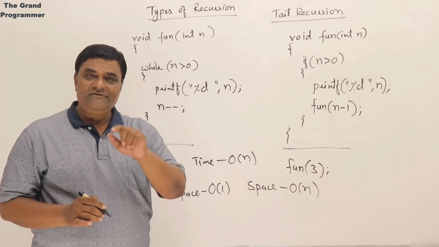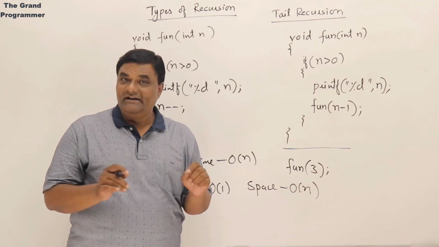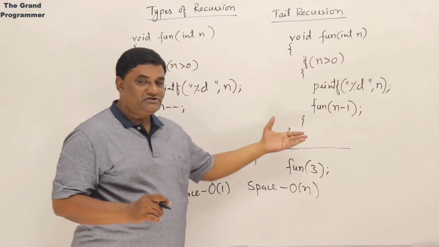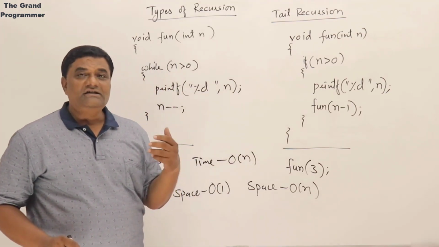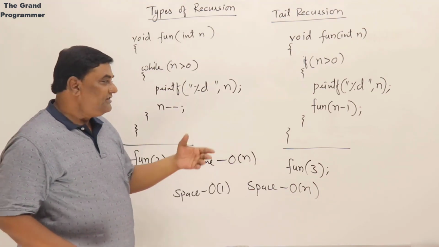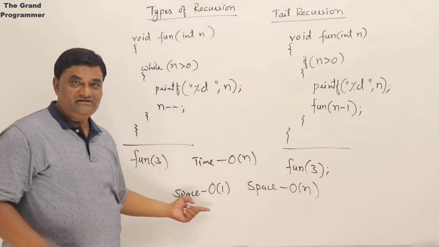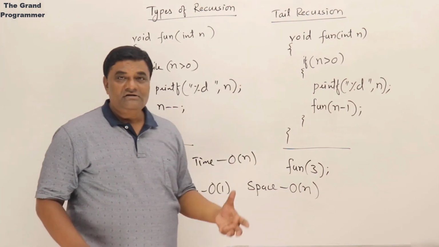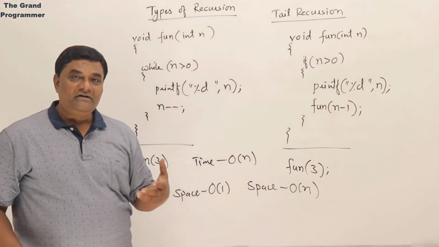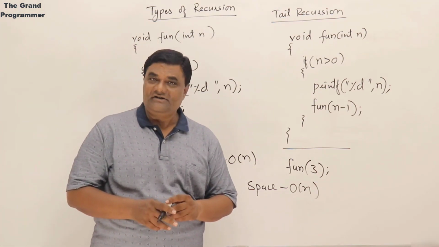And one more point: some compilers, under code optimization, will check if you have written a function which is a tail recursion, and they will try to convert it into a loop. It means they will try to reduce the space consumption and utilize only order of one space. So your function will be converted into object code just like a loop, where the space is reduced. So that's all about tail recursion.